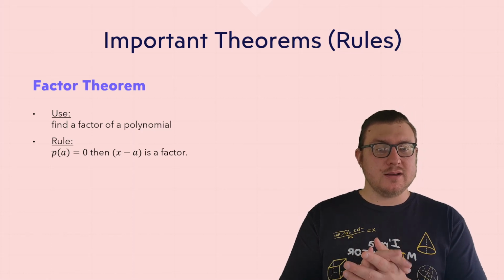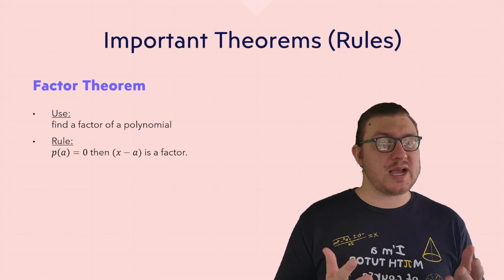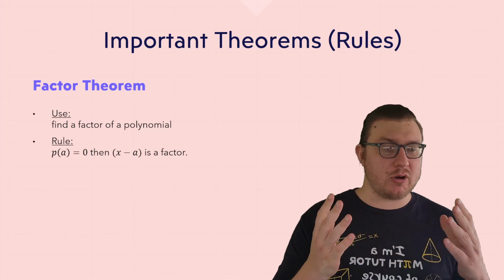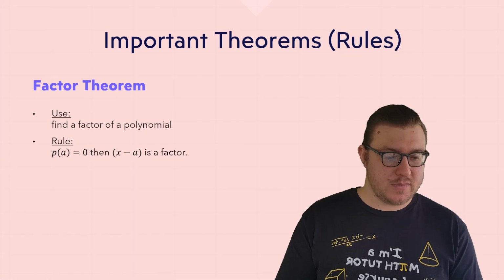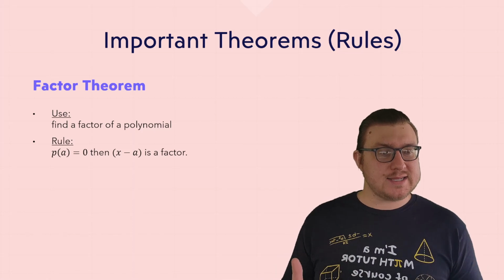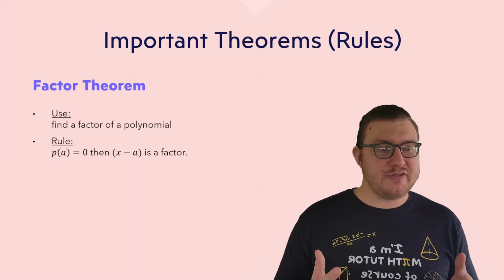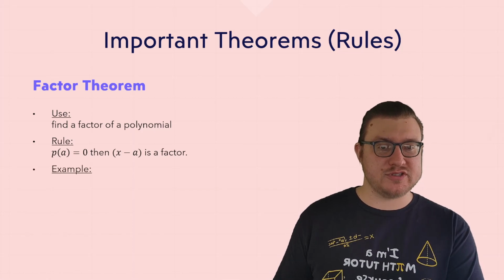So here, if we want this to be a factor, all we need to do is substitute that number a into our original equation, and if it's 0, we have a factor. Why does that make sense? Well, remember, a factor means x-intercept. So if we have an x-intercept, y is 0. So we will expect to have 0.